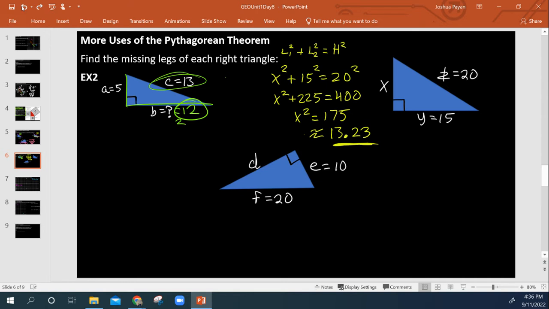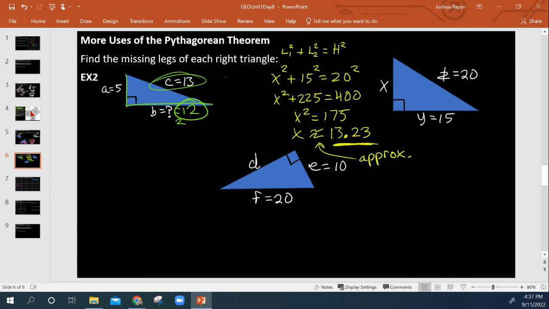Okay, so that's not actually what the calculator would tell you. It actually told me 13.22856, blah, blah, blah. In my class, we'll always round to the nearest hundredth, right? And notice I use squiggly lines instead of an equal sign like I did here. Okay, so these squiggly lines are just a cute way of saying approximately, right?